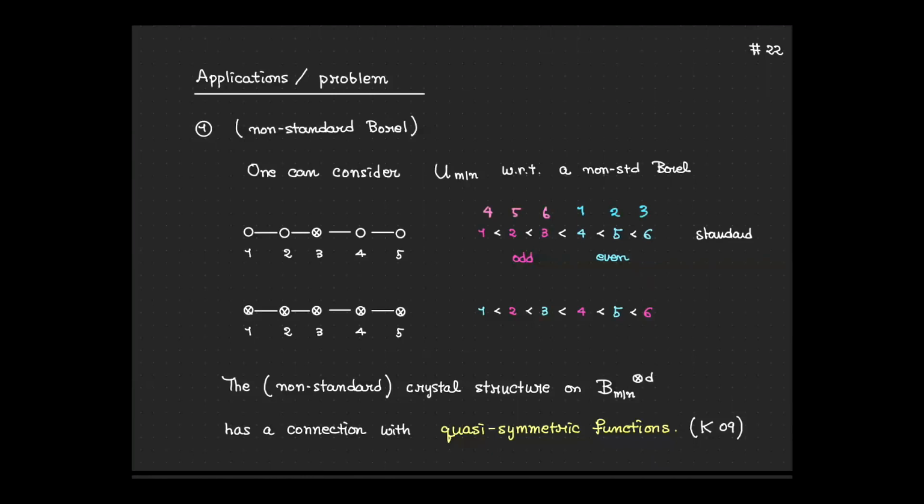Then the corresponding simple root system or Dynkin diagram is the same. But if we shuffle like this, as in the second case, where the parities of the letters are alternating, then the corresponding simple root system or its Dynkin diagram looks like this. So all the simple roots are odd isotropic.